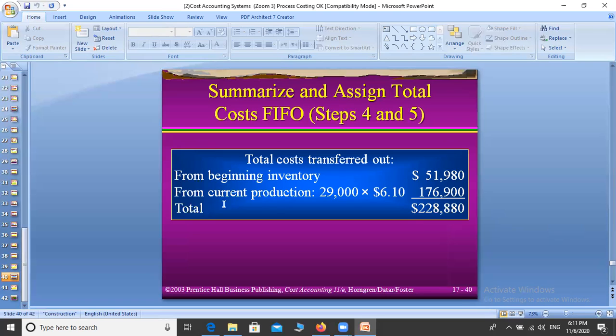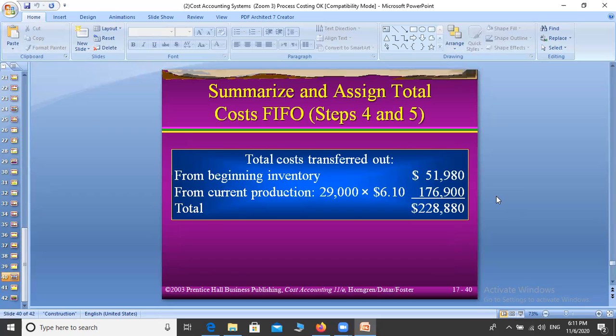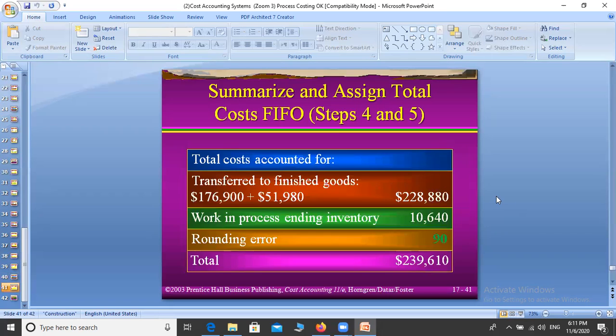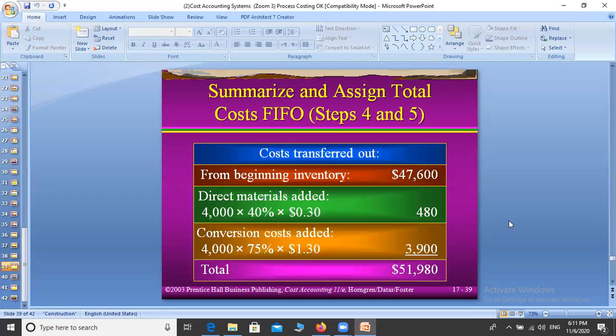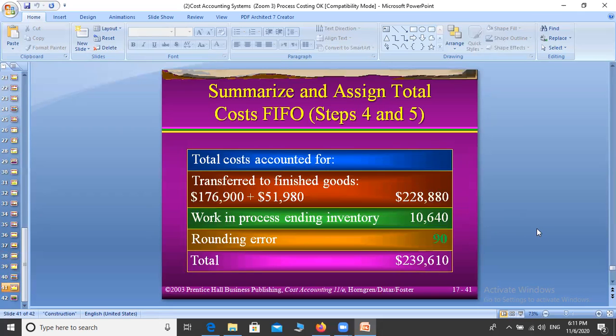From current production, 29,000 times 6.1 gives 176,900, for a total of 228,880 transferred to finished goods. Then we add work in process at end as we calculated it, 10,640. Then the rounding error 90, so 239,610.